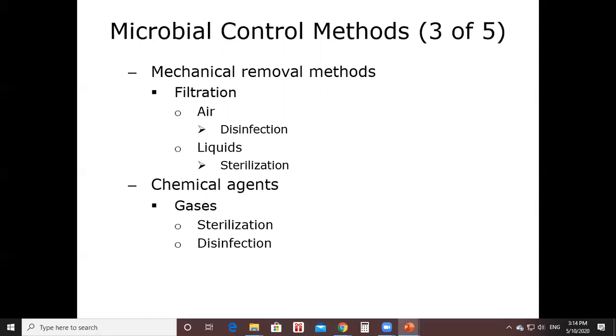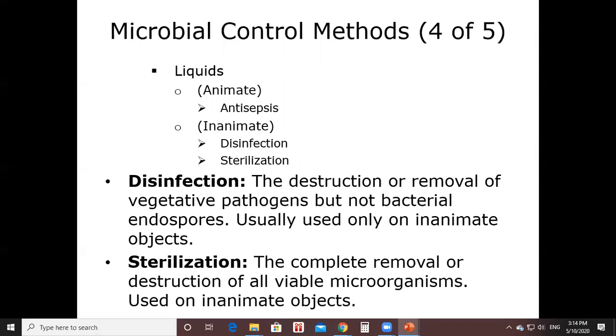And chemical agents or some gases can have sterilization and disinfection. Then you can have liquid chemical methods on animate, which is living substances, so you have antisepsis, and then you have inanimate, non-living surfaces, where you can have disinfection and sterilization.